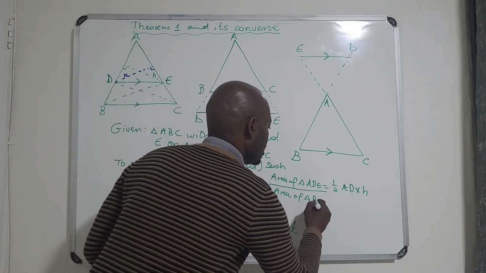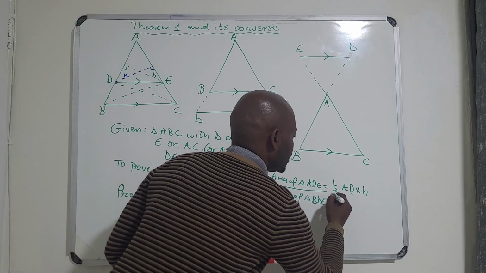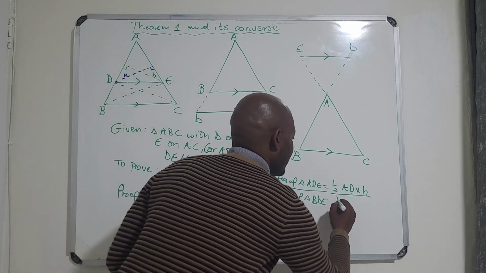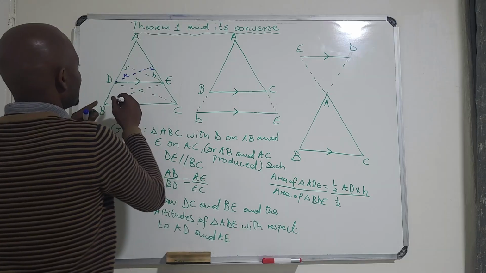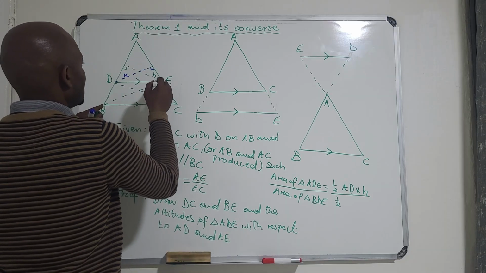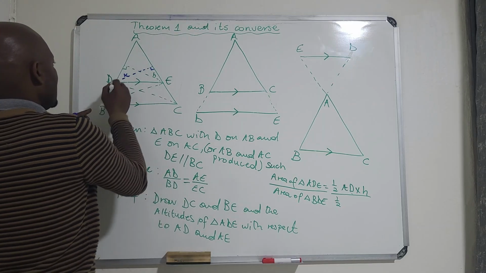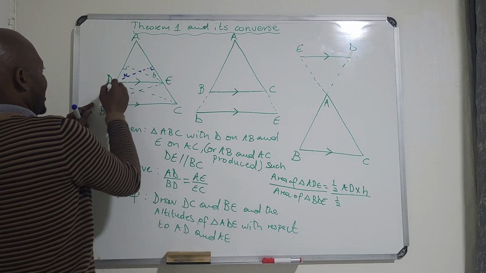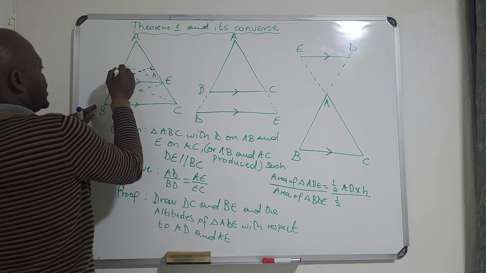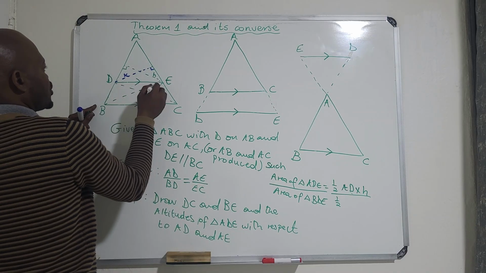over the area of triangle BDE, which is equal to half the base. Obviously, you see there's your height, there's your triangle DBE, there's its base, and there's its height constructed outside the triangle.